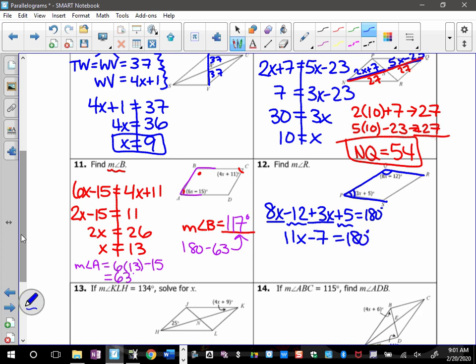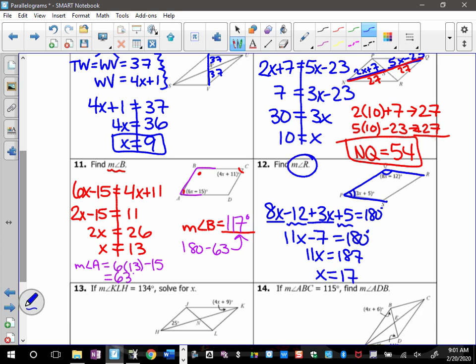Add 7, we have 11x equals 187. If you divide that by 11, you will get 17.